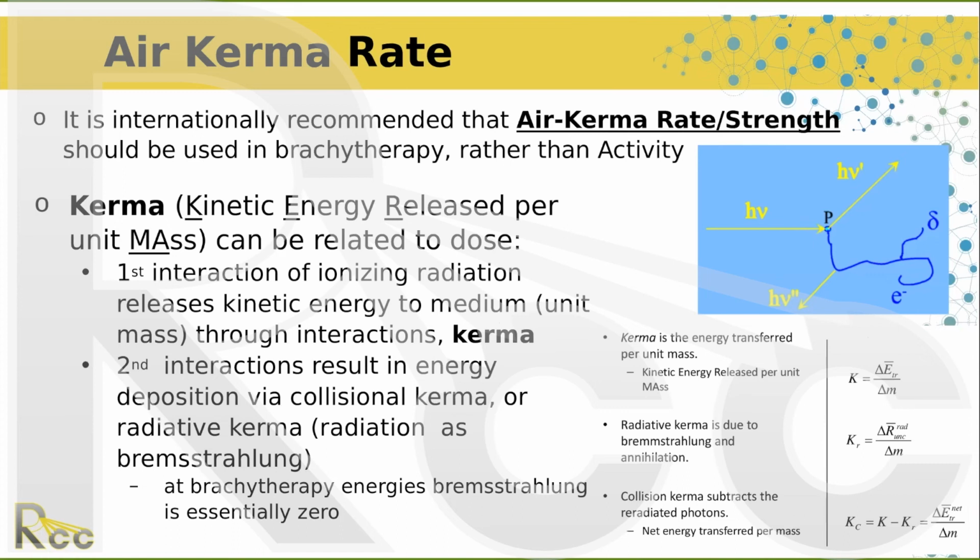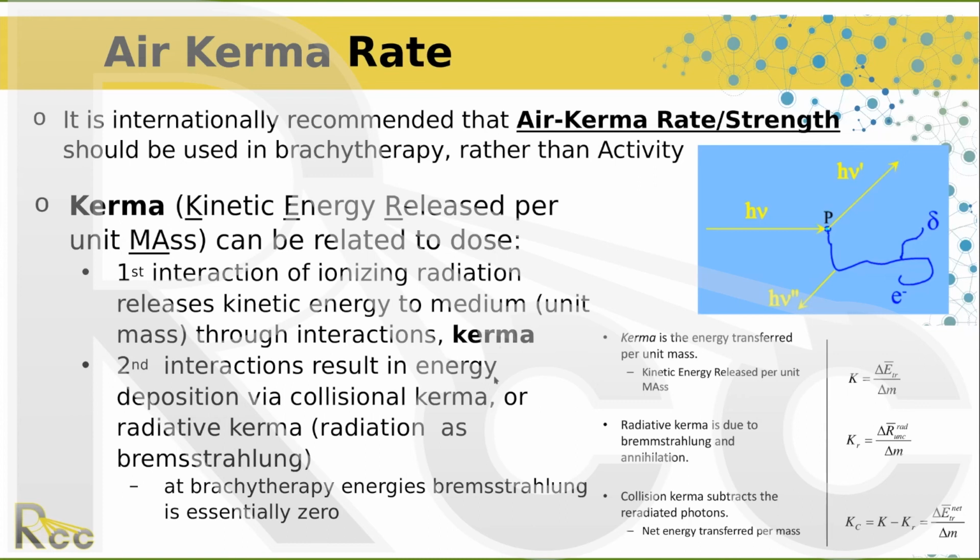So Kerma is the kinetic energy released per unit mass. If you've got a volume and you've got photons or energy coming in and causing interactions, what is the energy that's been released in the unit volume? The first interaction of ionizing radiation releases kinetic energy in a medium, and that's the Kerma.